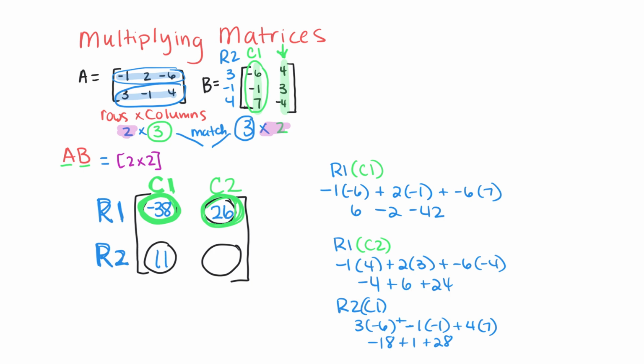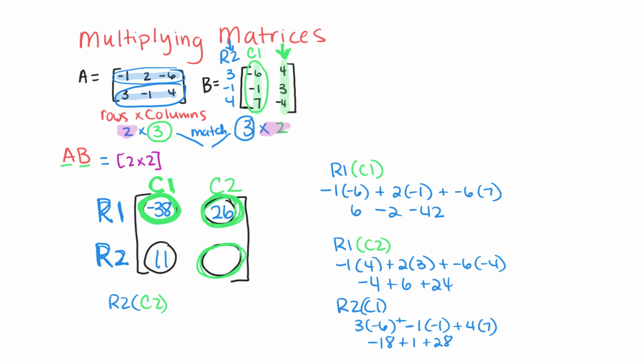Okay, last but not least, I need to take row 2 and multiply it by column 2 so that I can get row 2, column 2's answer. Row 2 is this row up here that I just wrote down, and column 2 is this one right here with the arrow.